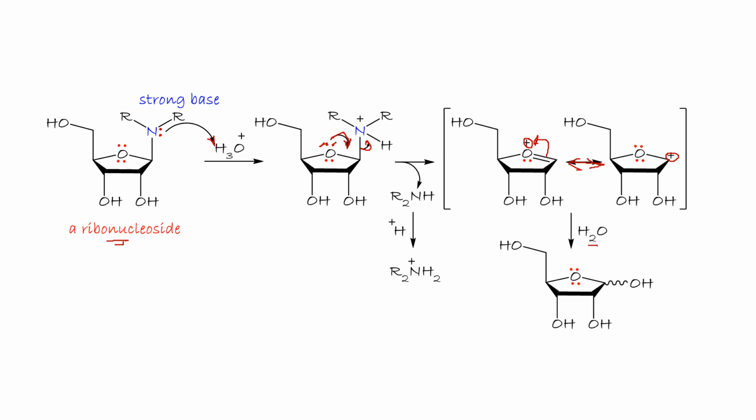Then it is attacked by the water oxygen to form the sugar. Of course, the water molecule will attack from the above or from the bottom face to form the alpha and beta sugar.